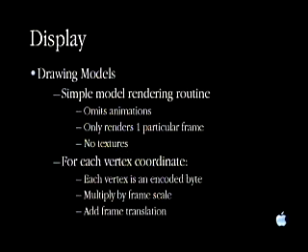So as I mentioned, this rendering loop does omit any sort of animation. You would have to add quite a bit of code to get the animations actually working here.